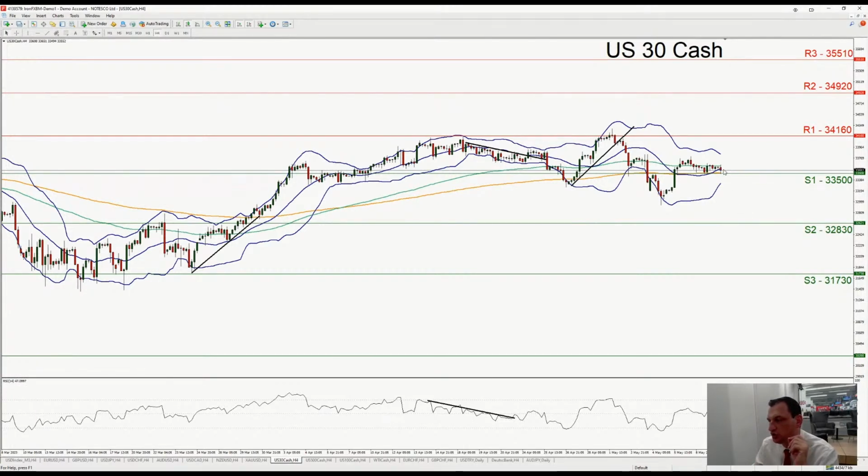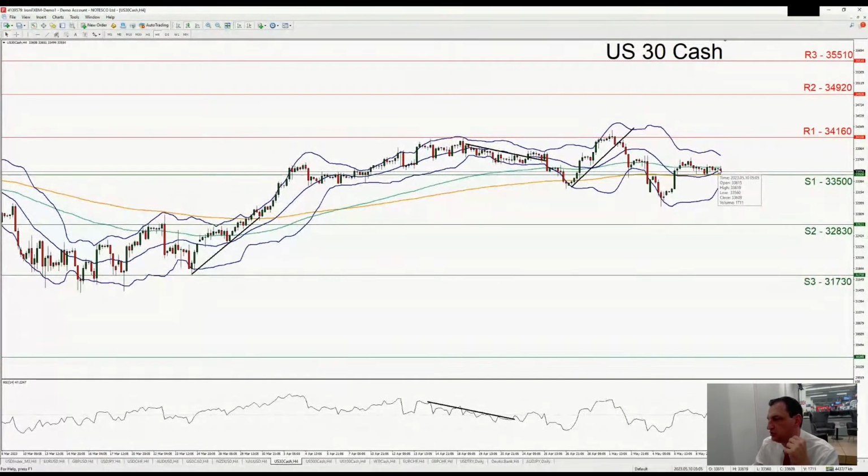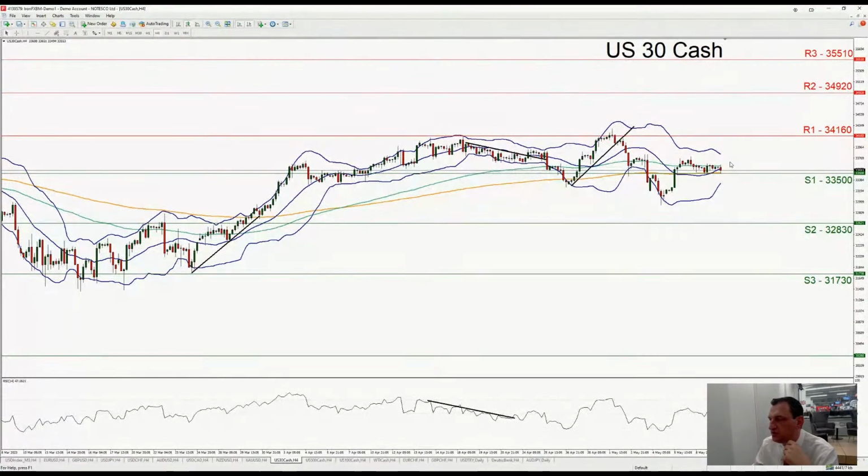On the other hand, should the CPI rates slow down, we may see the price action reversing direction, rising towards the R1 34,160, as that would imply a more risk-on, more positive market sentiment, which could push US stock markets higher. For the time being, we tend to maintain a bias for a sideways motion to continue just above the S1 33,500.